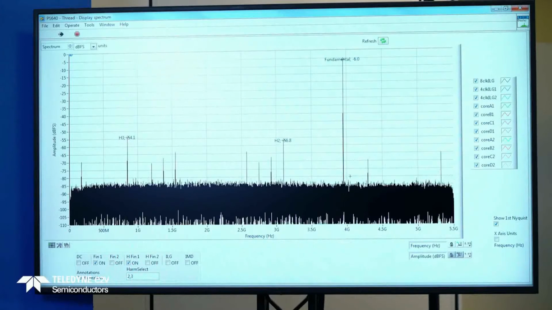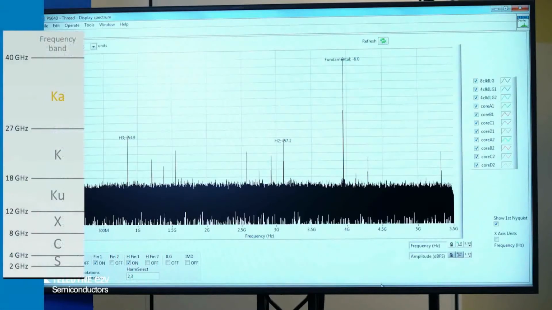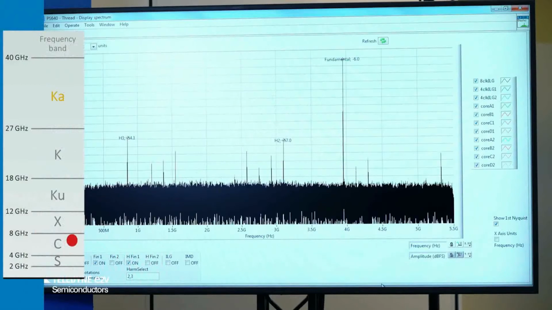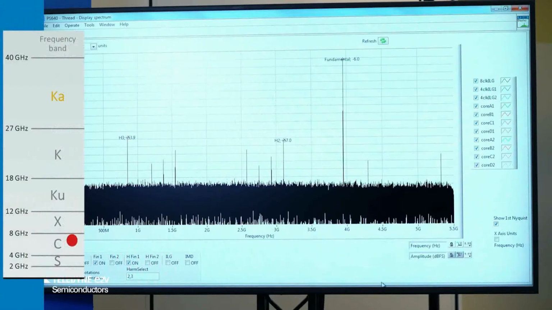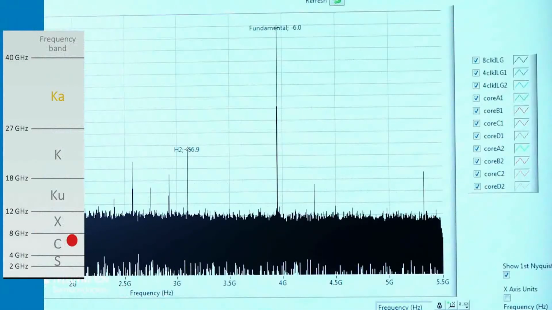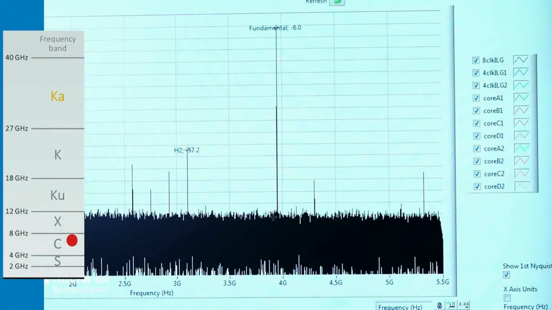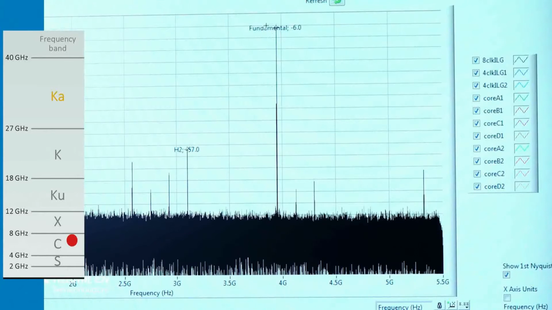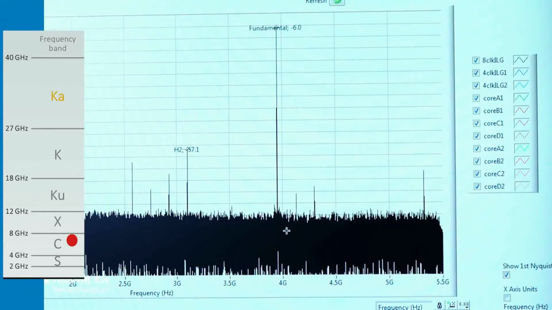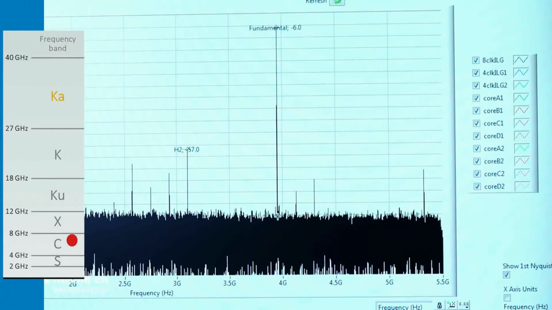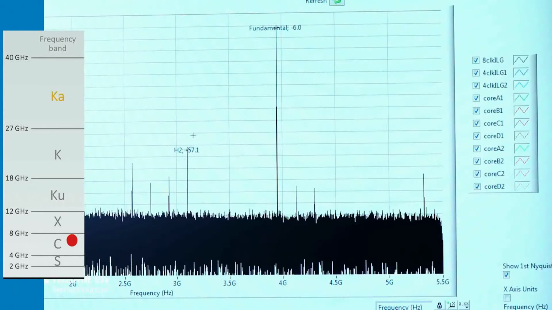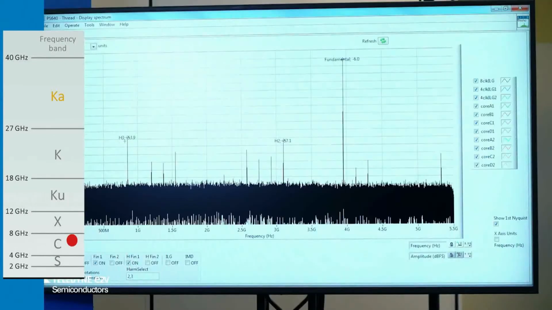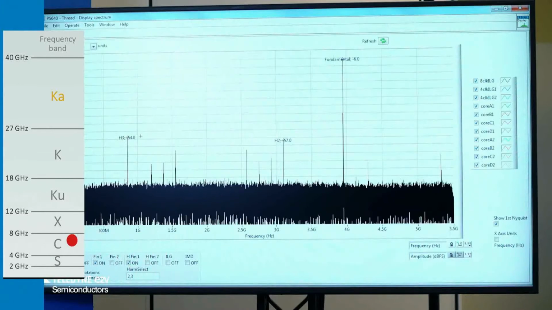Here the first frequency at 7 gigahertz is generated by the signal generator, and we can see the plot folded back into the first Nyquist zone, with the fundamental tone at 7.05 gigahertz, and you can see the second and third harmonics of the signal.